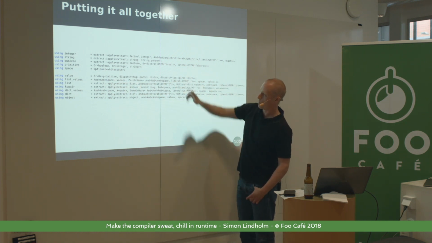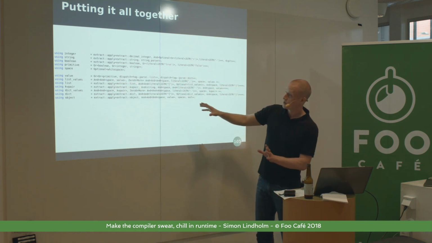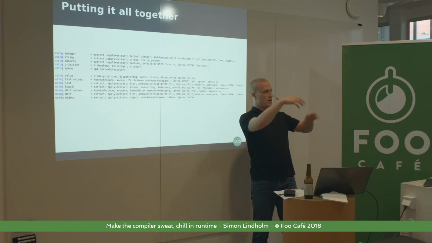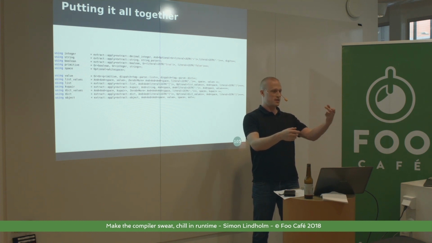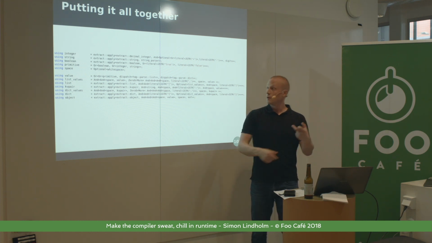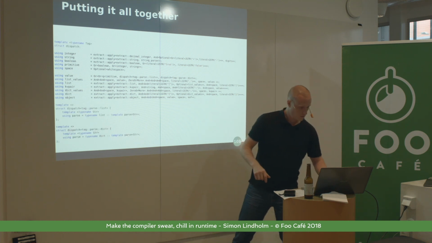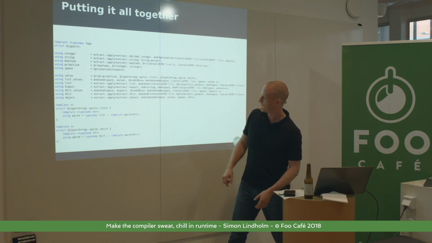Yeah, we have all this built up. One interesting thing to note here is that all these types refer to other types, which gets us into trouble if you have a list which can contain other lists. So we have this hack to get around that.